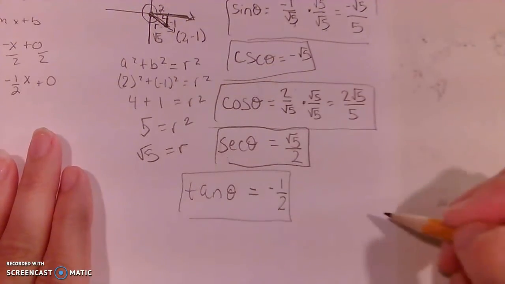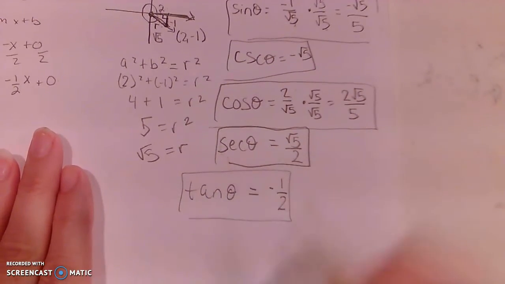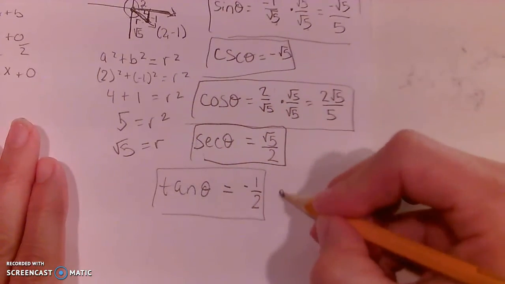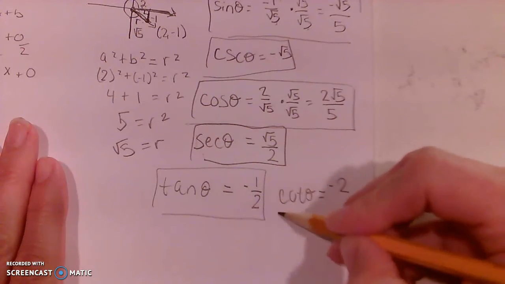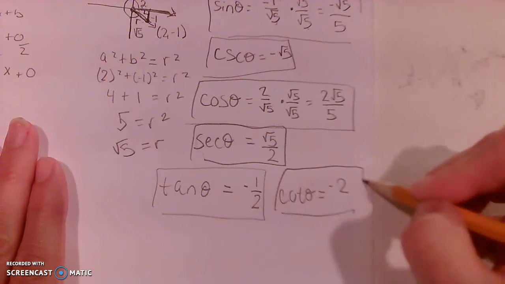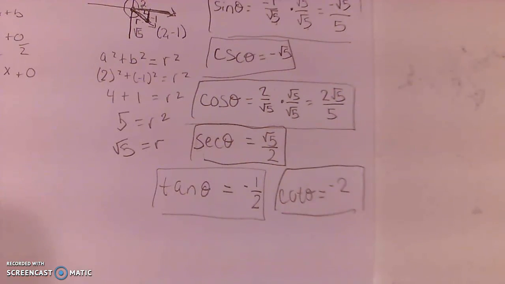Tangent is negative 1/2. Cotangent is just the reciprocal. So you just do negative 2 over 1, or just negative 2. We could leave it at that. So that is number 5 in section 1.3. A lot going on there, so take note of this video. You can rewind it and watch it again. Thank you.